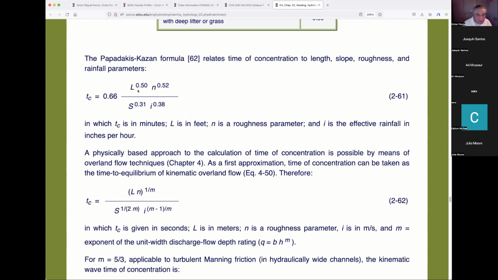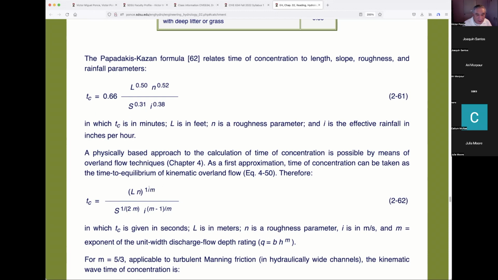Look pretty much the same, but this one has an M. And M is the exponent of the unit width discharge flow depth rating. So typically for a Manning condition, the M would be 5/3. Yes, 5/3, that's the standard. So if you put 5/3 in there, then it's kind of the same as over here.